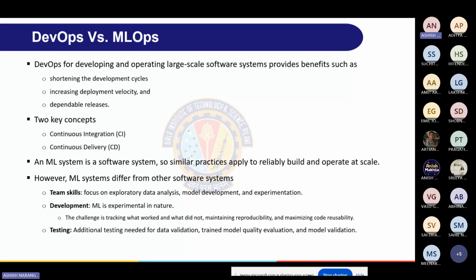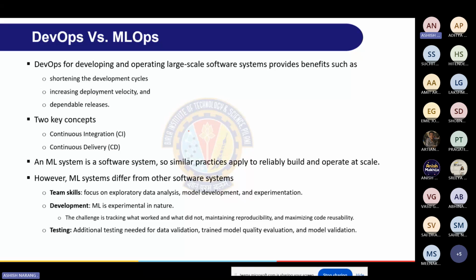When it comes to development in DevOps, it's largely about writing code. When it comes to development in machine learning, it's largely experimental in nature. You need to track which experiments you did, what worked and what didn't work out.